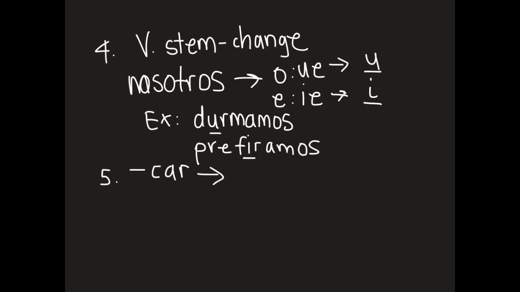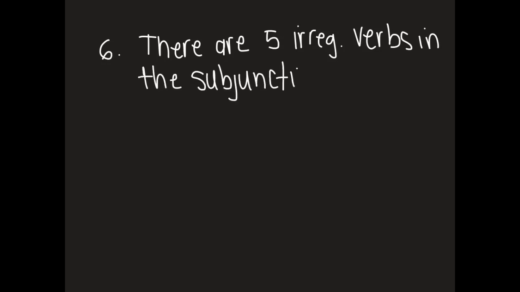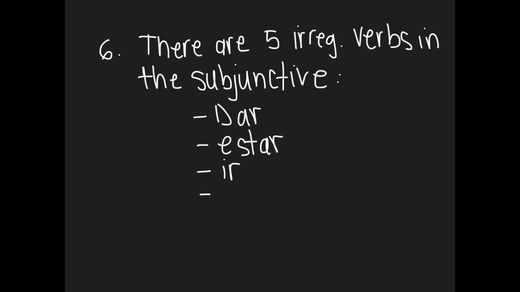Number 5, the verbs that end in car have a spelling change to QU, gar, GU, and zar, replace the zeta for c. And lastly, there are 5 irregular verbs in the present subjunctive. And those are dar, estar, ir, saber, and ser. And that's it for today.